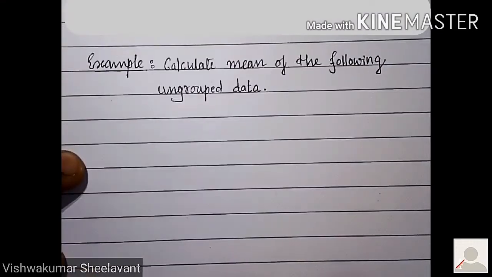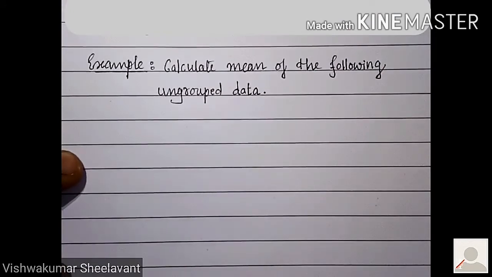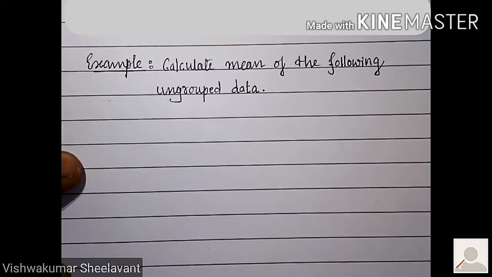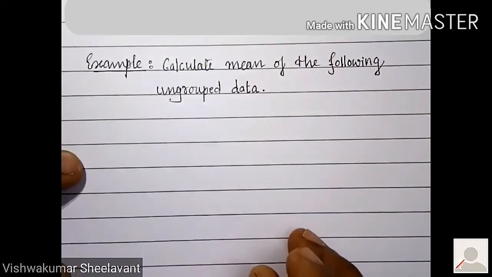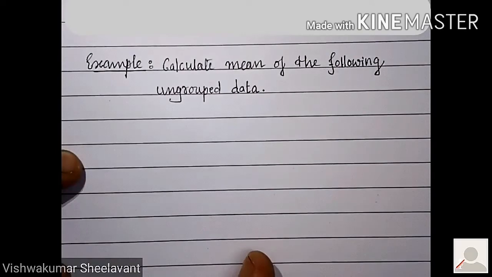What is ungrouped data then? Some marks are given here. You don't worry about the numbers. You worry about the method here. Numbers may be marks, heights of some students, weight of some students, or number of vehicles passing on road every hour. Anything it may be.